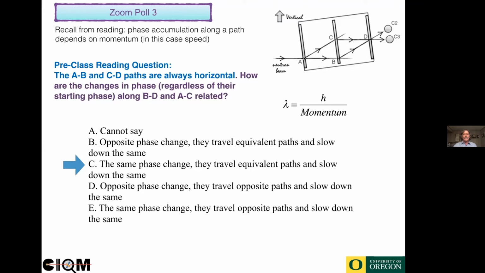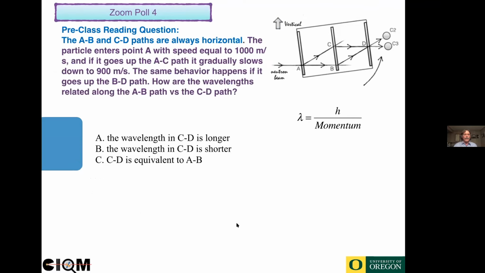But now it's still true that the speed in the AB path is faster than the speed in the CD path. Okay, so let's see what that implies.